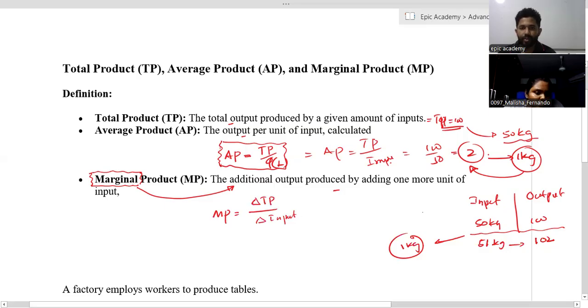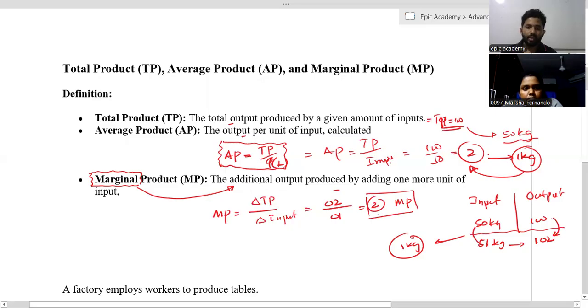Delta TP means the difference of the total production. It is just 2, isn't it? Yes. It's 2, because earlier it was 100, now it is 102. So the difference between input 50 and 51 is just 1. And it is 2. 2 is the marginal production. By adding 1 unit of more input, you produce only two commodities. That's the meaning of marginal production.